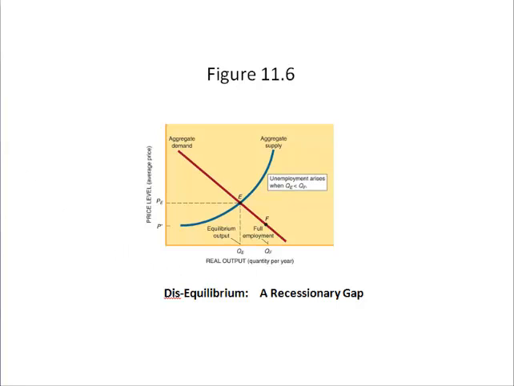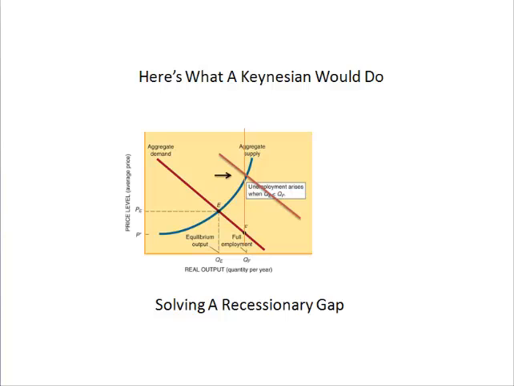So let's look at some solutions. Here's what a Keynesian would do. If we're trying to solve a recessionary gap, remember that the equilibrium output is below the full employment output, or to say the same thing in a different way, the full employment outlook is to the right-hand side of the equilibrium. So what a Keynesian will do is he will do something on the demand side of the equation.